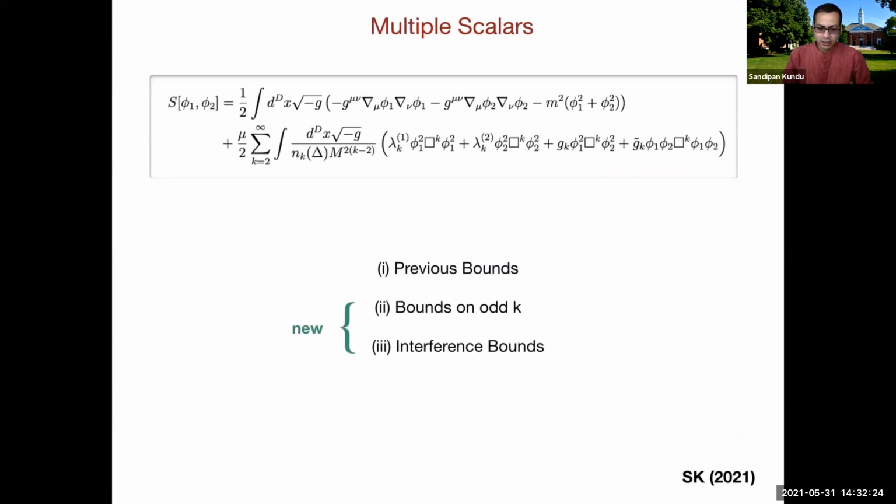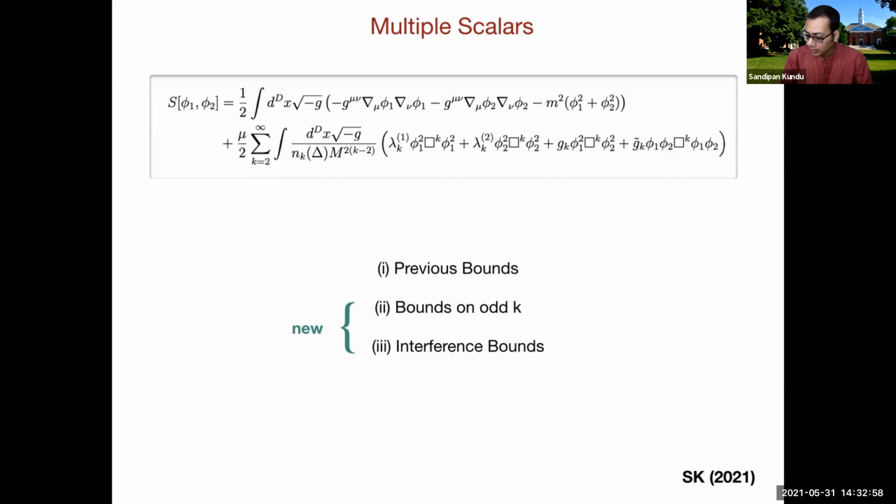There is another generalization that let me talk about for a minute. The same framework can actually be used to constrain effective field theories of multiple scalars. This is not just a trivial generalization. The reason I'm discussing this is that the single scalar effective field theory and the multiple scalar effective field theory are conceptually different, because there is a new set of bounds that one can derive when you have multiple scalars.